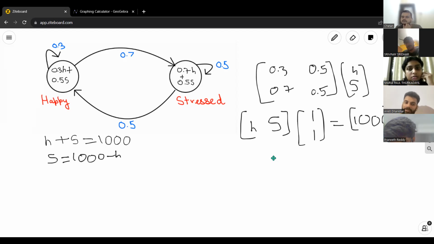I just wrote the equation h plus s is equal to 1000, nothing else. It is h times 1 plus s times 1 is equal to 1000. Now we need to think whether there is a way to accommodate this A, that is the 0.3, 1 matrix, somehow.